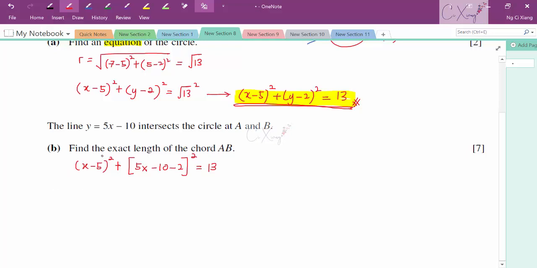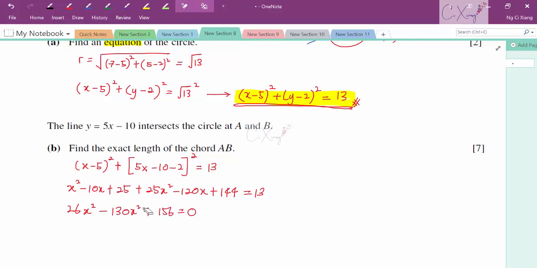Right, and if I expand everything, this is something that I will get. So 25x squared minus 120x plus 144 equals 13. Okay, so I further simplify all this to become a quadratic equation. Okay, so this is without the square.